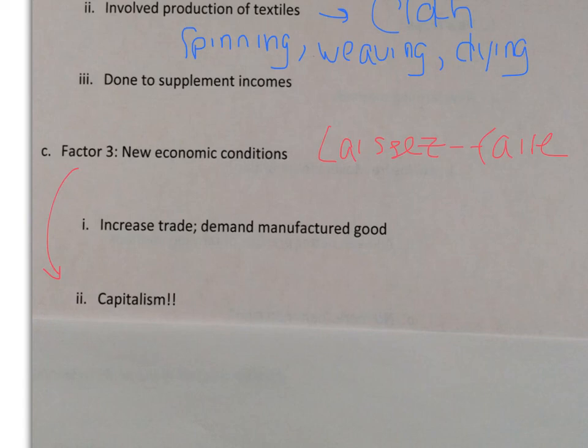There is an increase in trade between various countries, and as a result of this, there's a huge demand for manufactured goods. And if we're looking up top at the cottage industry, they're not going to be able to meet the demands of all the manufactured goods that are wanted.